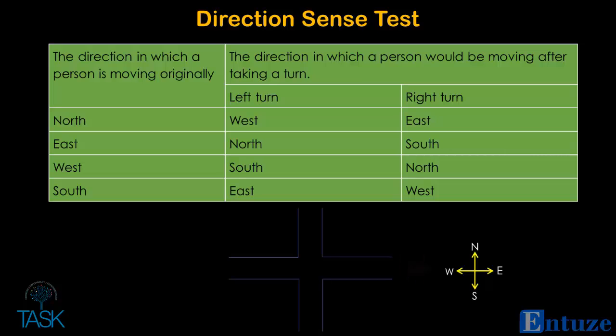Similarly, if a person was originally moving west, if she takes a left turn, she will be moving towards south, and in case she takes a right turn, she will be moving towards north.